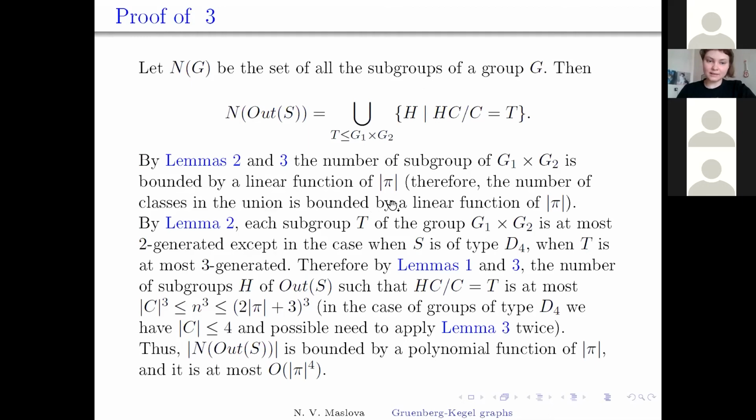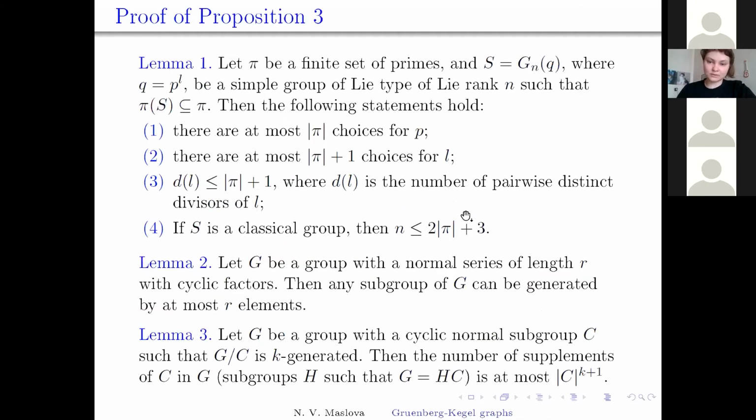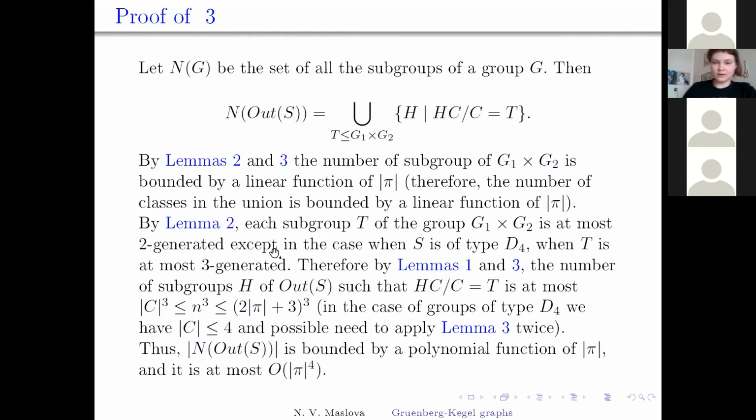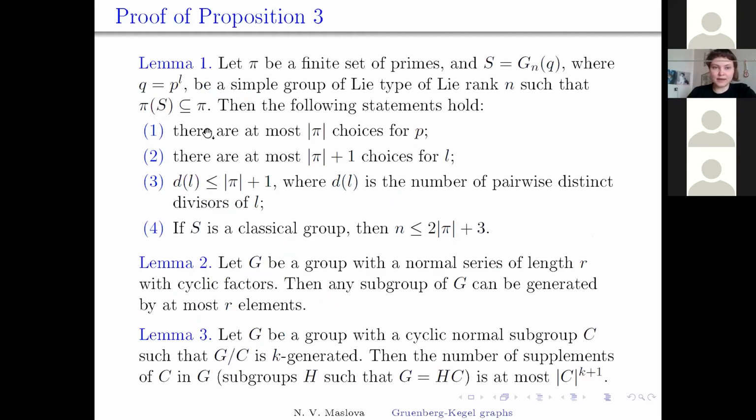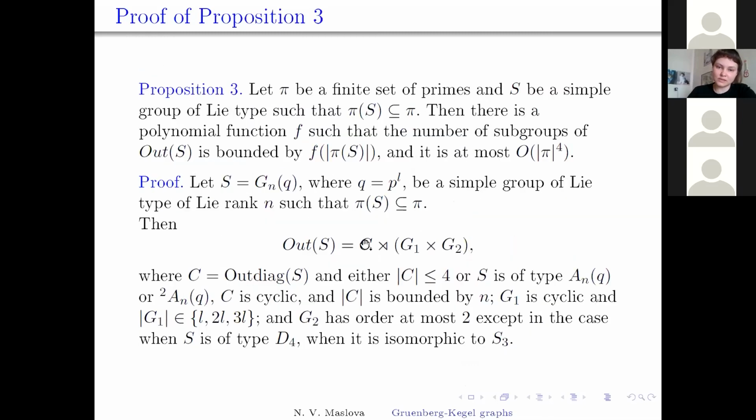And now by lemma 2 about the number of generators, each subgroup T of G1 times G2 is at most 2-generated, or at most 3-generated for the case D4. And then we apply this lemma about the possible number of choices for Q, for N, for L, and so on. And then lemma 3 about the number of supplements to a normal subgroup, really to the subgroup C here.